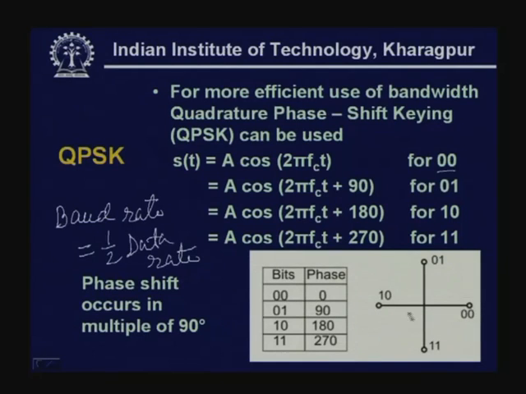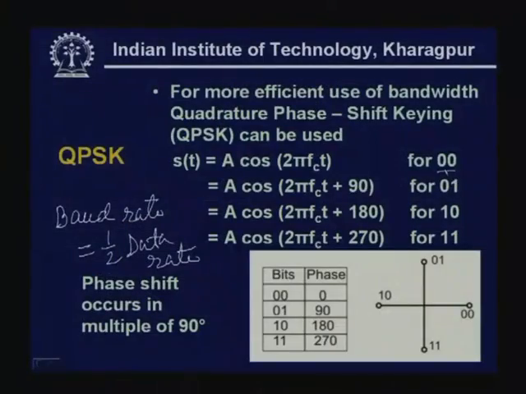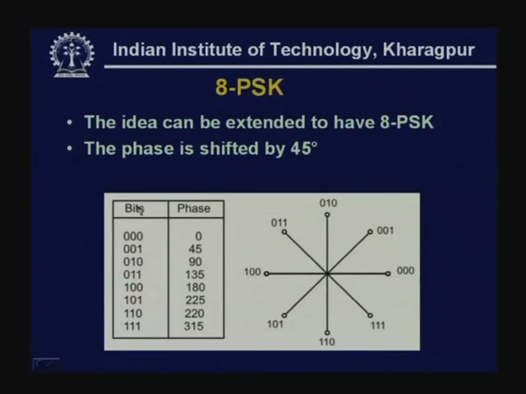That means the number of signal elements will be half that of the data rate. That means for 2 bits you are getting 1 signal element, and as a consequence you are able to send a higher data rate with the same baud rate. That is the advantage of this QPSK.